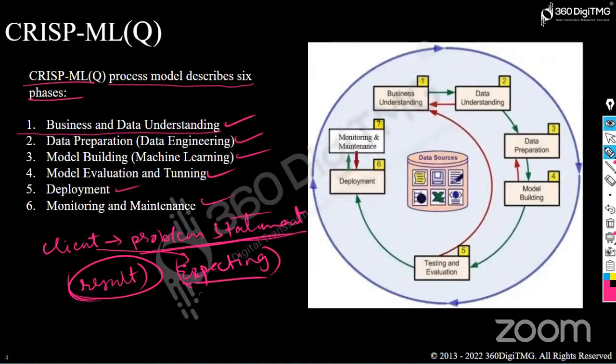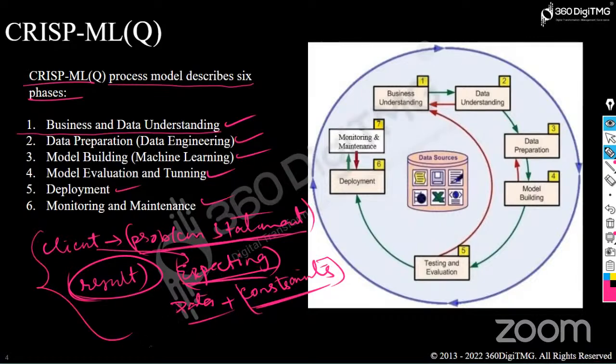They need to provide the data as well as the constraints that they have, or the constraints will be given from your side, that this kind of data or problem statement will have these kinds of constraints, and you need to take approval from them. So this understanding between the client and the service provider is important.